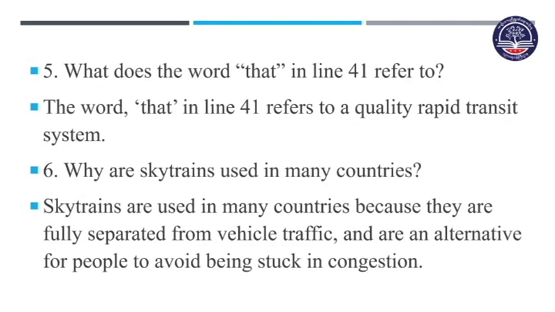Number 5, what does the word that in line 41 refer to? Line number 41မှာရှိတဲ့ that ဒီဘယ်ဟာကိုသွားပြီး refer to ညွှန်းဆိုလဲလို့ကြည့်ကြရအောင်။ Let's look at the paragraph. The rapid transit system in the world, the Skytrain system is a quality rapid transit system that is fully separated from the vehicle traffic.